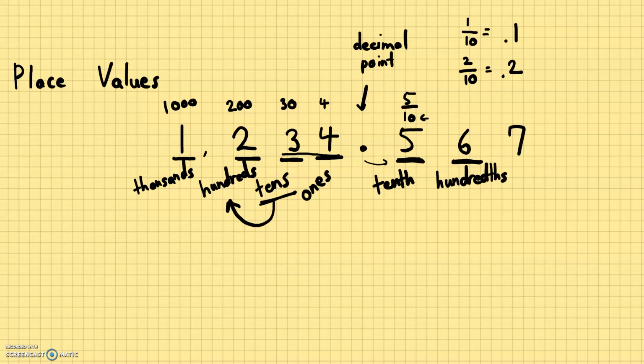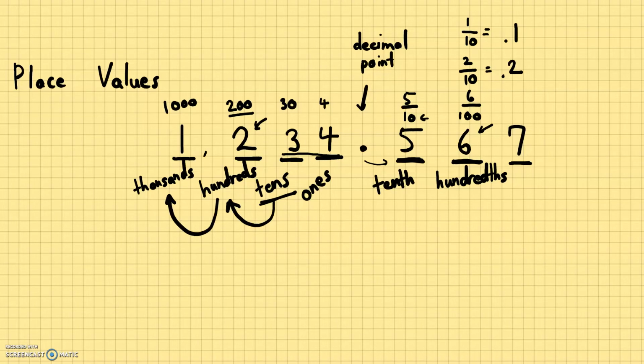So if you write this part as a fraction, that would actually be 6 out of 100. Just like the 2 here, the 2 here didn't actually mean 2, it actually meant 200. The 6 here doesn't mean 6, it actually means 6 over 100. So that's why it's called the hundredths place. And what comes after 100?